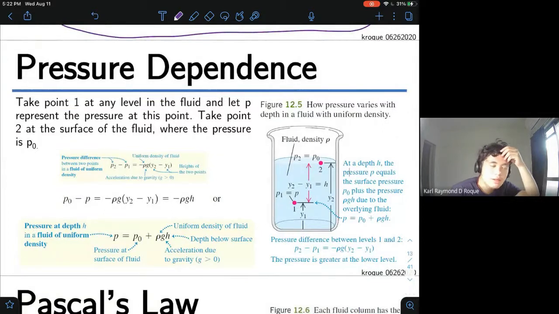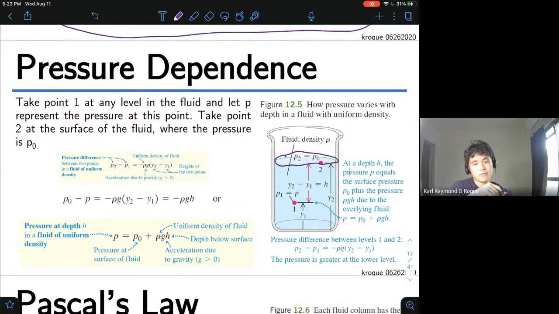And another way to rewrite this is to write it in terms of depth. So parang mas madali, it's always nice na if you're gonna apply this in physics, no, always good na yung isang point mo is yung top ng fluid.